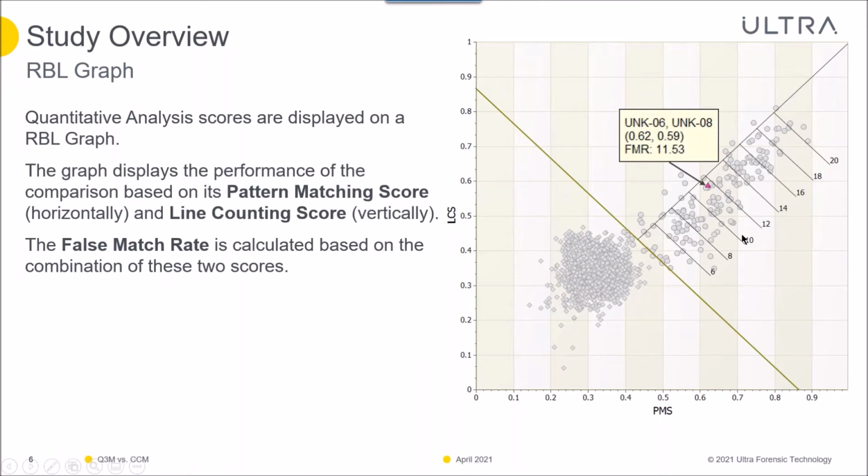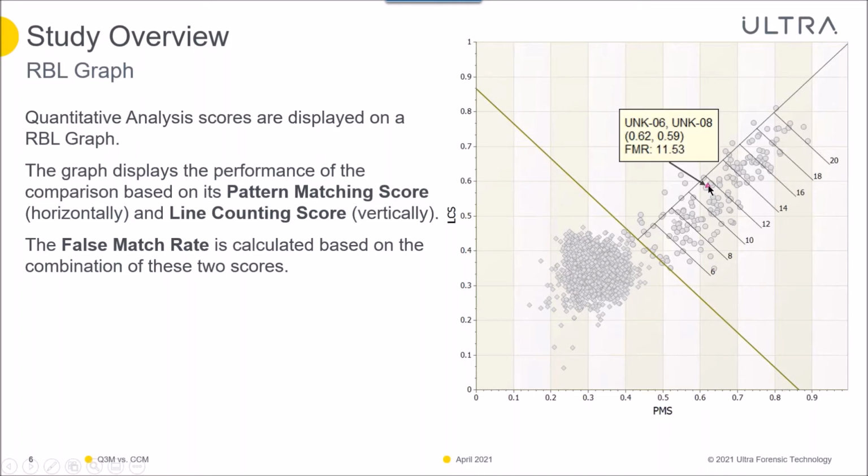And so here, if we just summarize what we see, there's a comparison right now between unknown 6 and unknown 8, the 2 items in question, and the pattern matching score is 0.62. So across horizontally, 0.62, that's as far horizontally as it goes, and vertically 0.59, so just below 0.6 here.